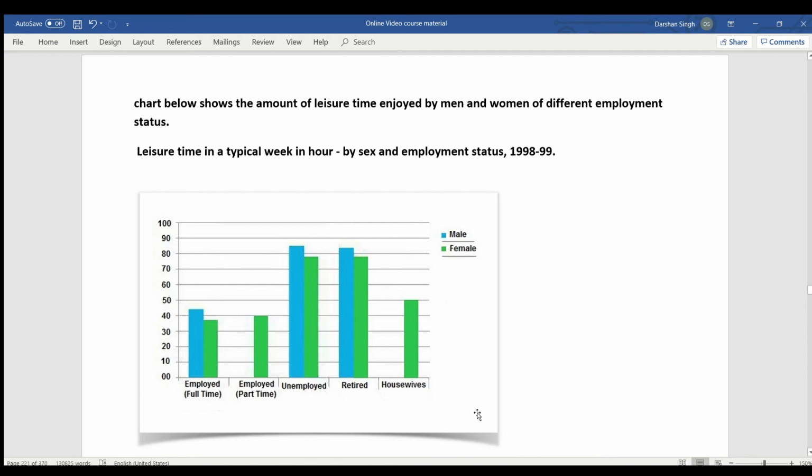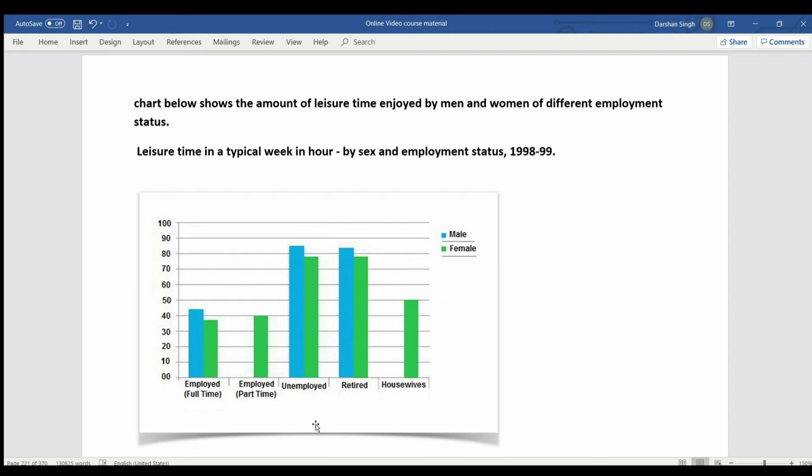So I will write my overall like this, that it can be clearly seen in the graph that unemployed and retired men and women, I am repeating it again, in the overview it can be clearly seen that the unemployed and retired men and women had the most number of hours of leisure time. Now I've only said most. By most I mean more than others.